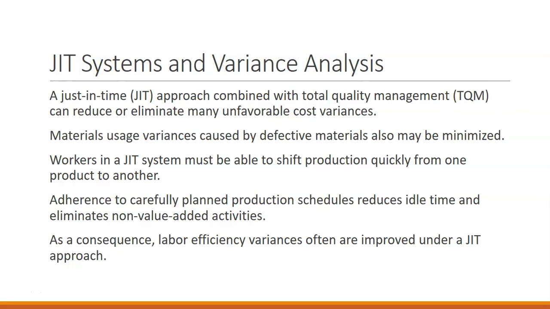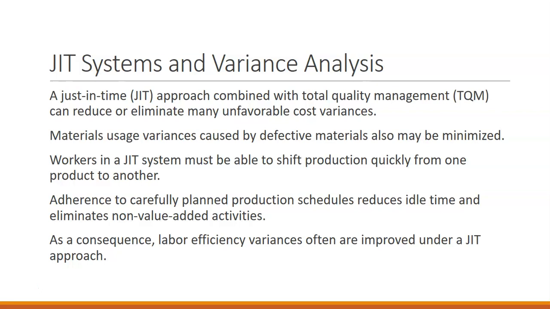And workers in a just-in-time system are already trained to be able to shift production quickly depending on a customer's order, because just-in-time doesn't even start production until a customer order is received. Their workers are trained to be as efficient as possible.